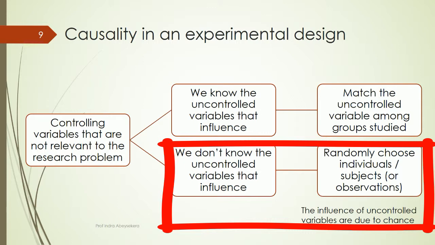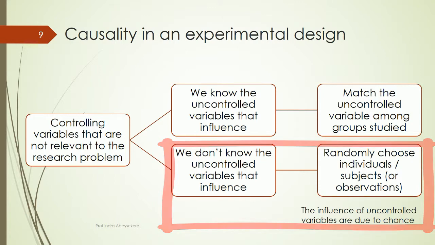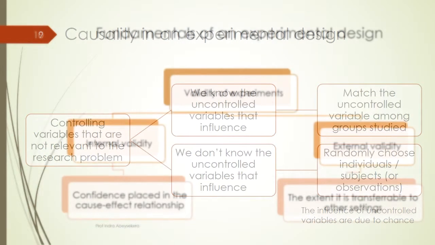We randomly allocate, because in that way we randomly allocate the uncontrolled variables into the two groups.